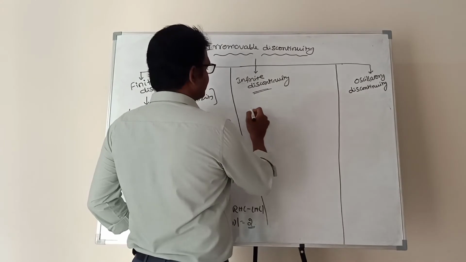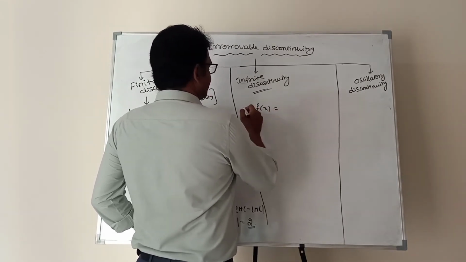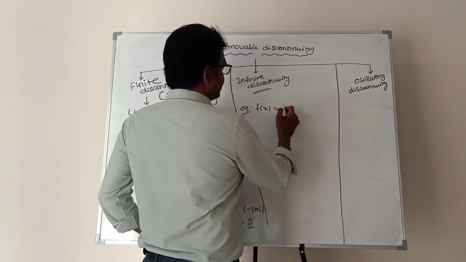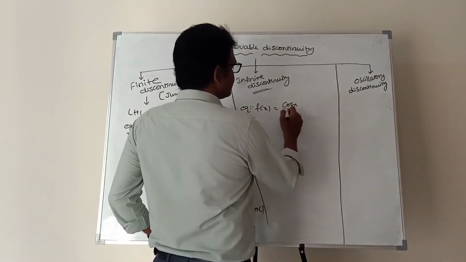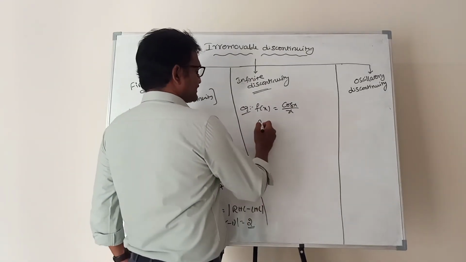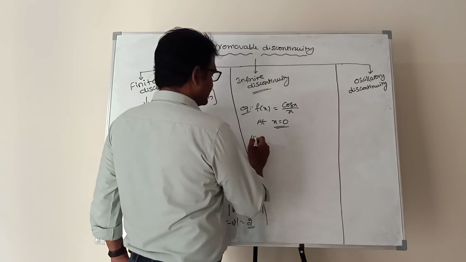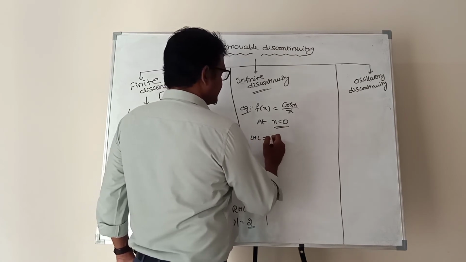Suppose you take the problem f of x equal to cos x by x at x equal to 0. What is the left hand limit value?